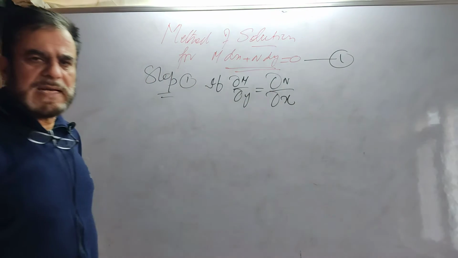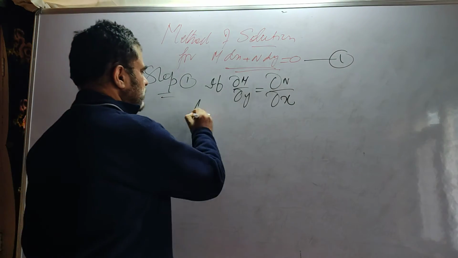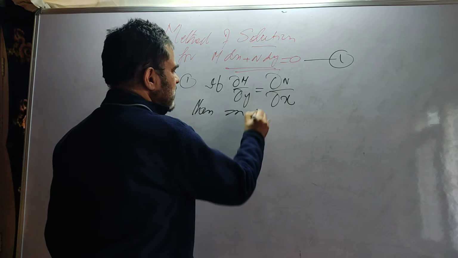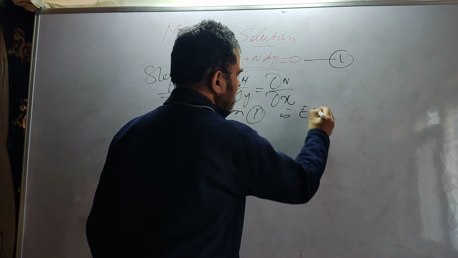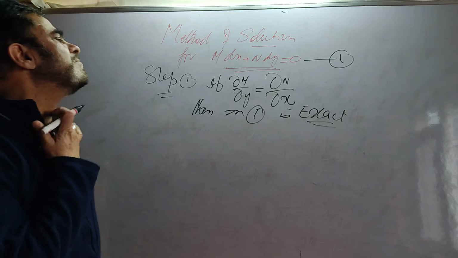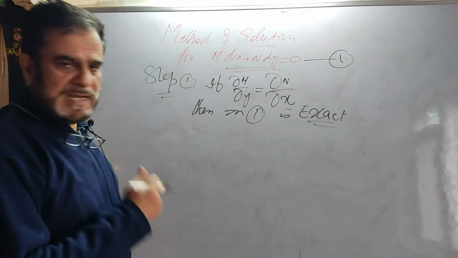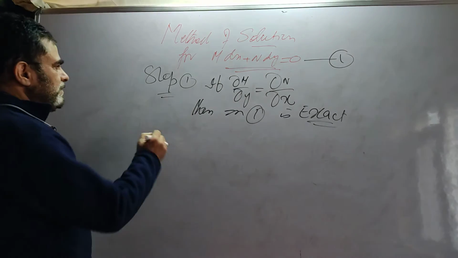If we observe del M by del y equals del N by del x, then equation 1 is exact. When it happens, what is the solution?